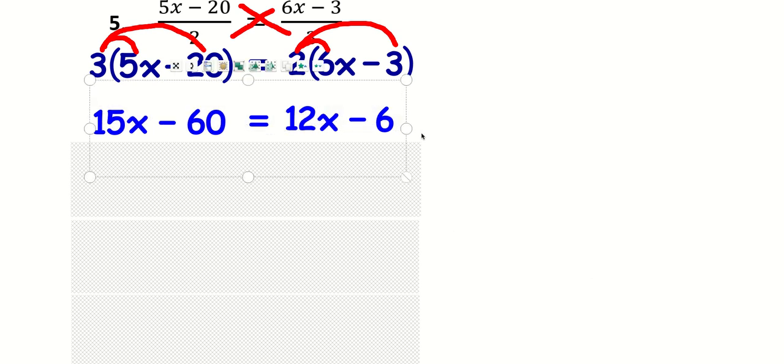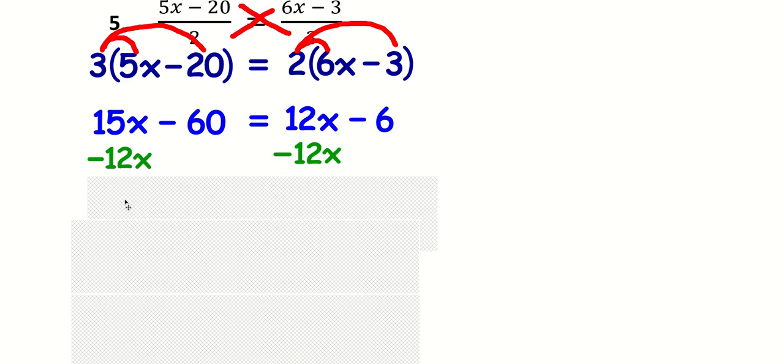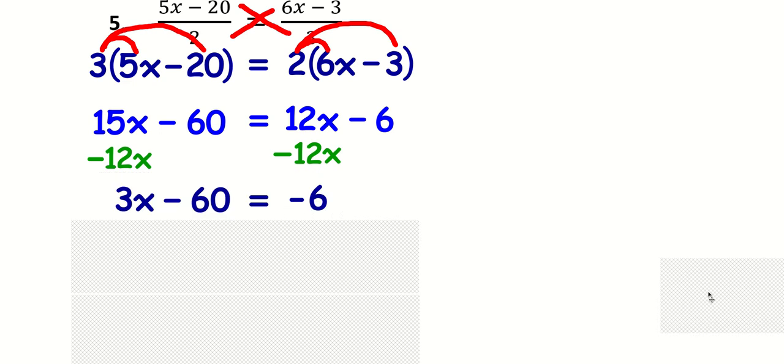So now you just regroup, look at this with fresh eyes and go, okay, how do I proceed with this? Well, don't we want to get x's only on one side? So we do that. So the right side is now just going to be negative 6. And the left side is now 3x with the minus 60.